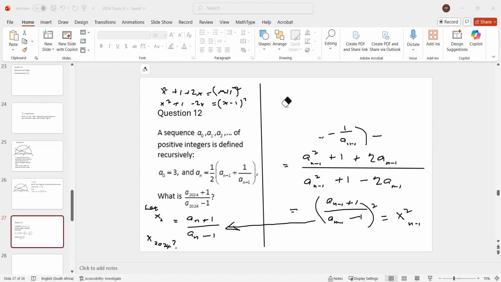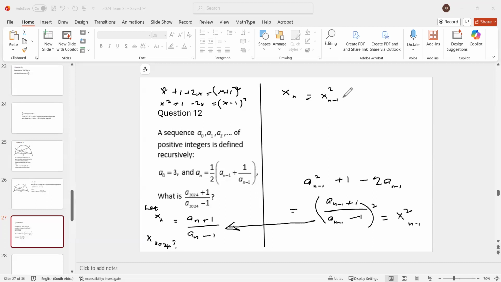The bottom line is that on the left-hand side, you got x_n, which is equal to x_{n-1} squared.